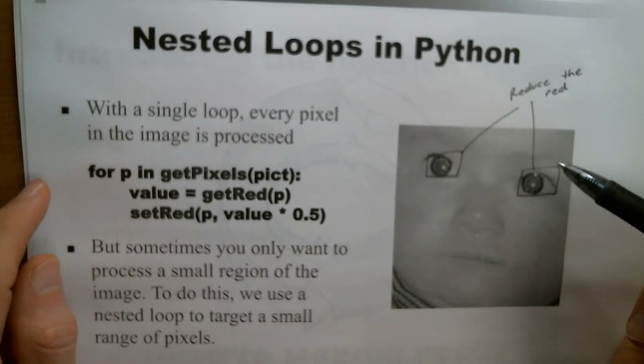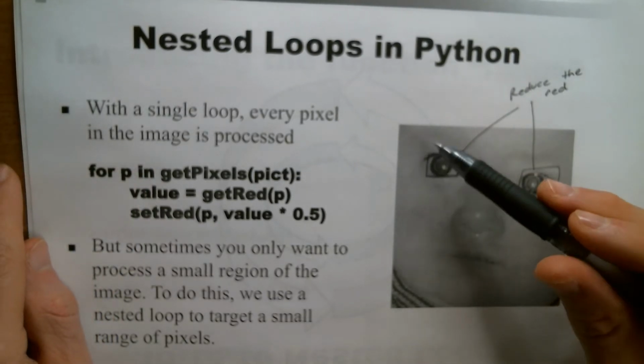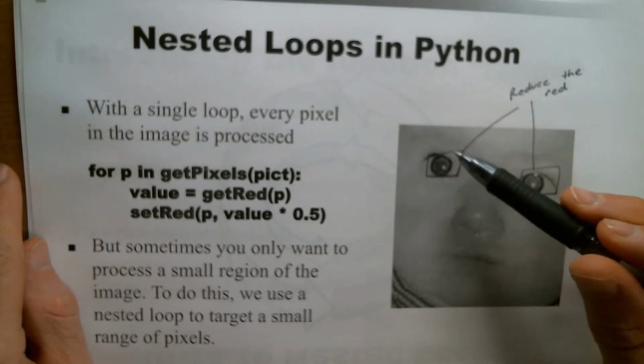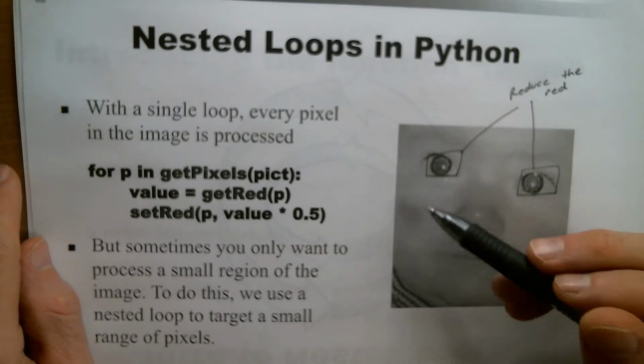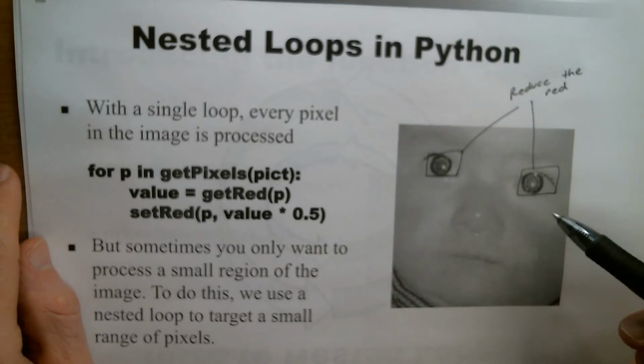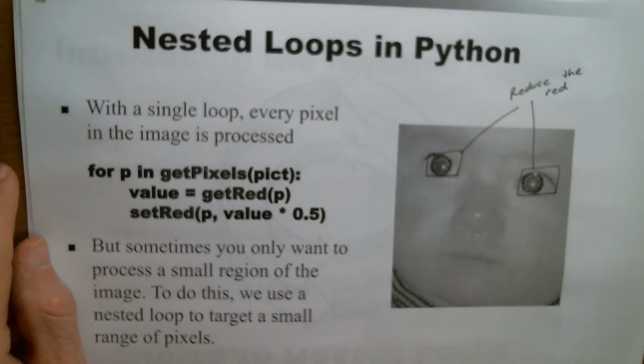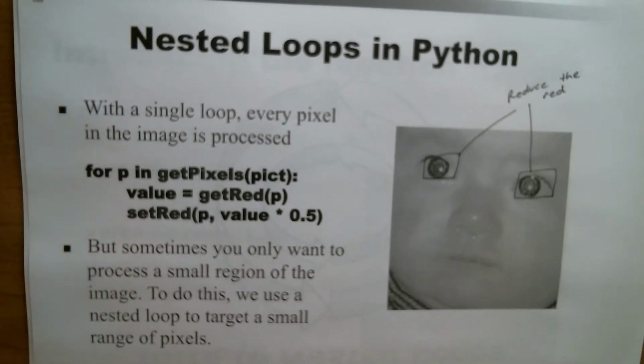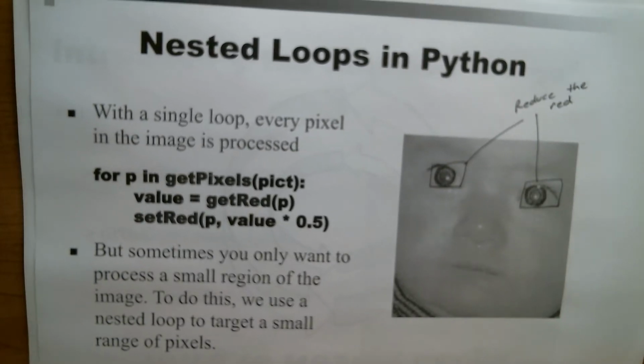But we're going to see that with nested loops, we're going to be able to target our modifications. Instead of having to do the modification to everything, we'll be able to target specific parts of the picture and do different modifications to different sections. So that's going to be the general idea. That's where we're headed with this.